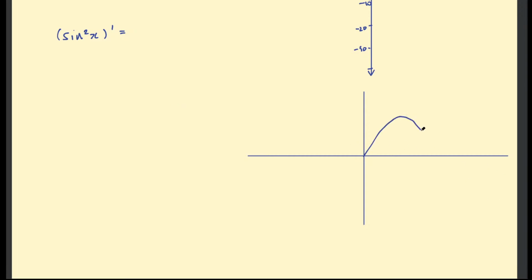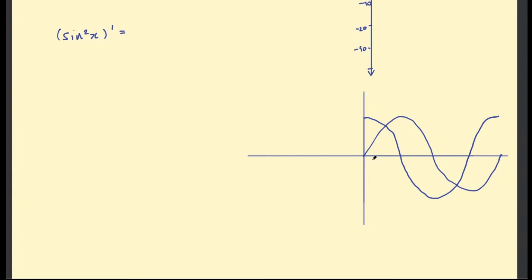Yeah. So I'm just trying to remember. I don't want to have to do this by first principles.